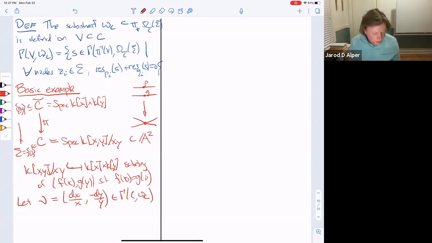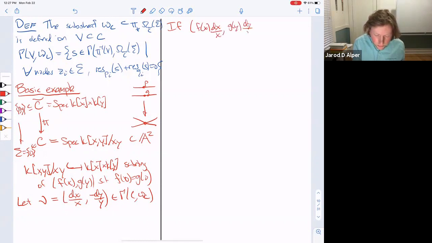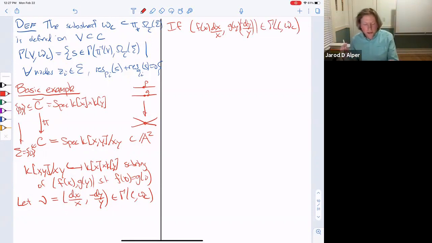But let's suppose we have an arbitrary section, f(x) dx over x, and then a g(y) dy over y, with a minus sign here. Suppose this is a global section. Any global section can be written of this form because we know the poles are at worst order 1.